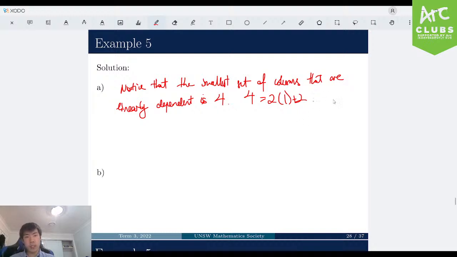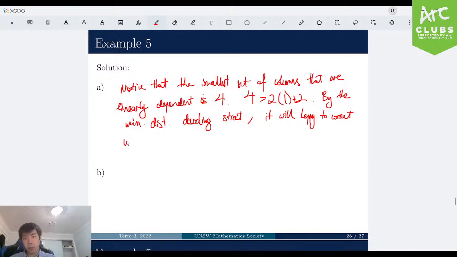And so we notice that by the minimum distance decoding strategy, it will be happy to correct up to 1 error, right? Because t is 1, okay? All right, so in the minimum distance decoding strategy, we will correct up to 1 error.